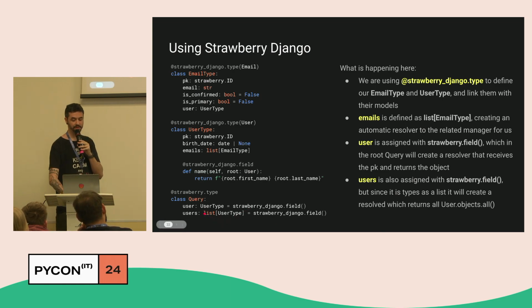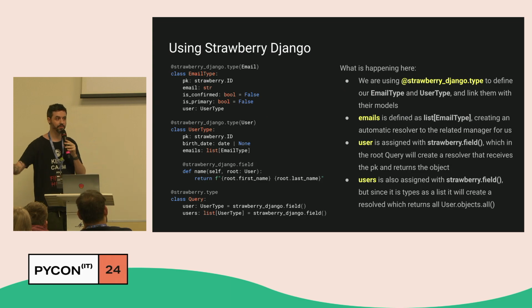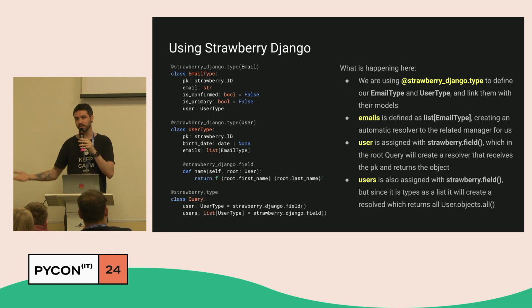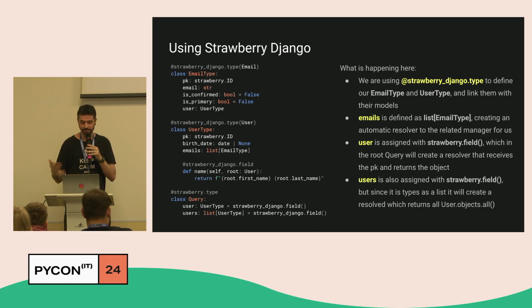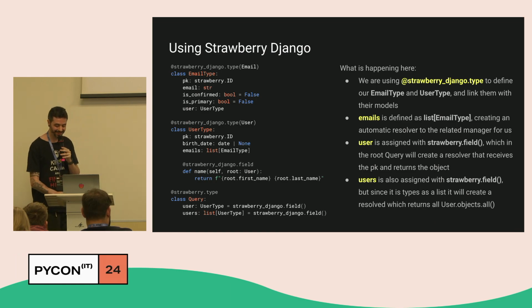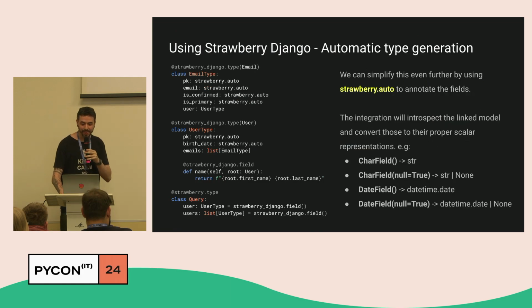Because it's annotated with a list, it will automatically generate a resolver that resolves it to a list of users. By default, all users in the database, yes, but this is just an example, of course. You would not probably expose your whole user base in your system like this, but just for the sake of the example here.